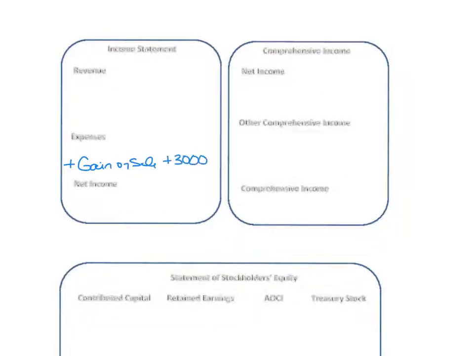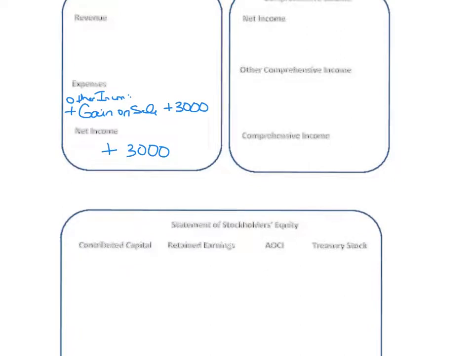And you guys remember that's where you put gains in the other income section. Okay, that's where that goes. This gain on sale. And we talked about the way that made my net income go up by $3,000. That's pretty straightforward.